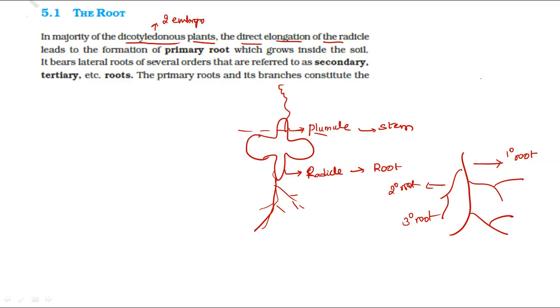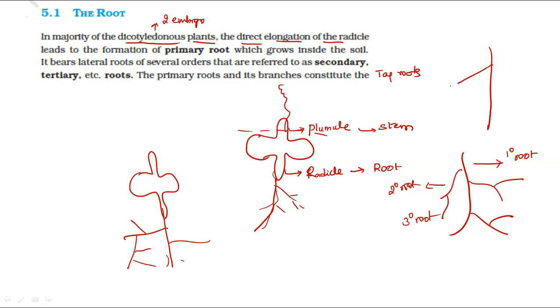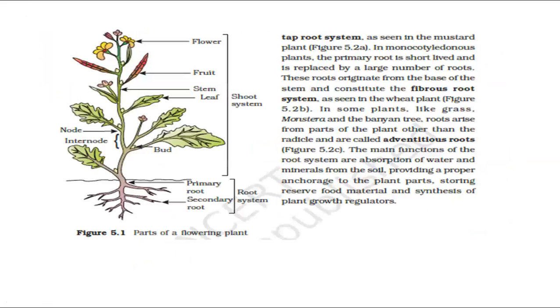All right, so radical will give the primary root, and it gives off branches as secondary and tertiary roots. The primary root and the branches constitute the tap roots. Now, the first root that is coming down along with the side roots is nothing but tap roots. Okay, it is called as taproot system as seen in mustard plants.